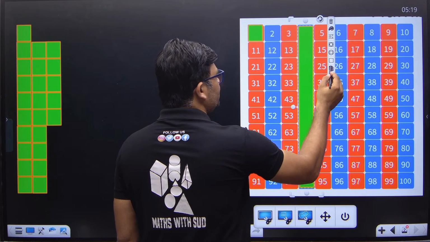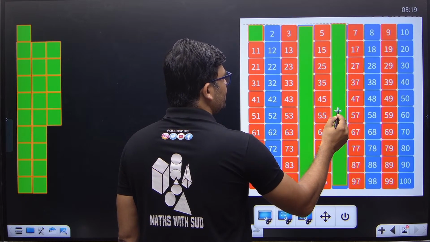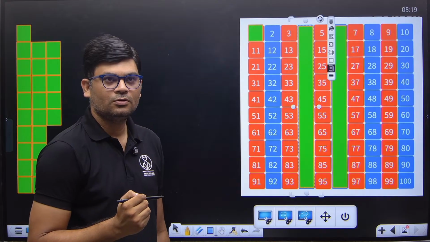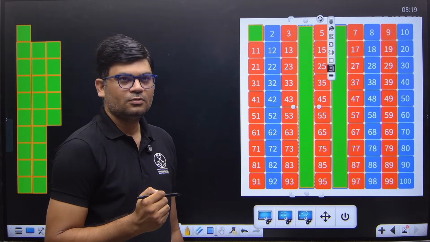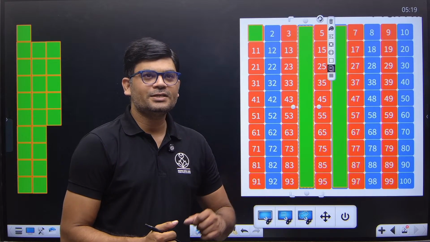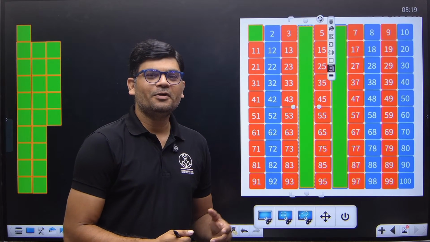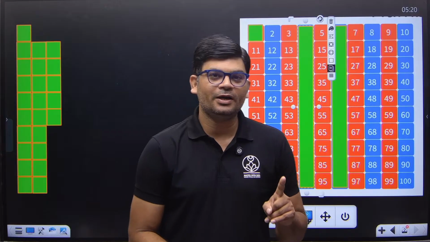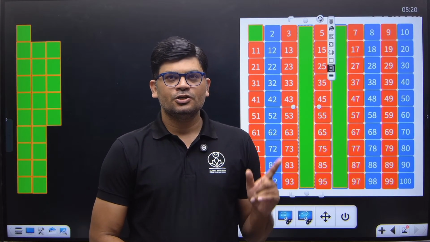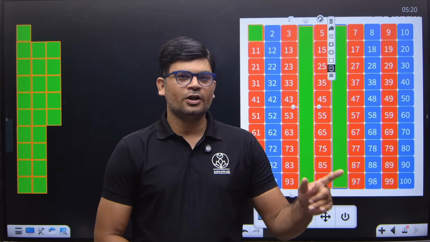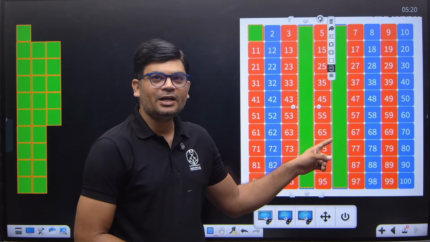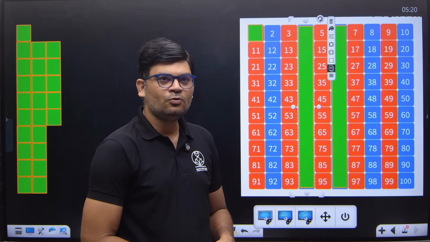What about 6? Can all the numbers ending with 6 be divided by 2? In the first point I made, a number is divisible by 2 if the last digit is 0, 2, 4, 6 or 8. So a number ending with 6 will be divisible by 2.